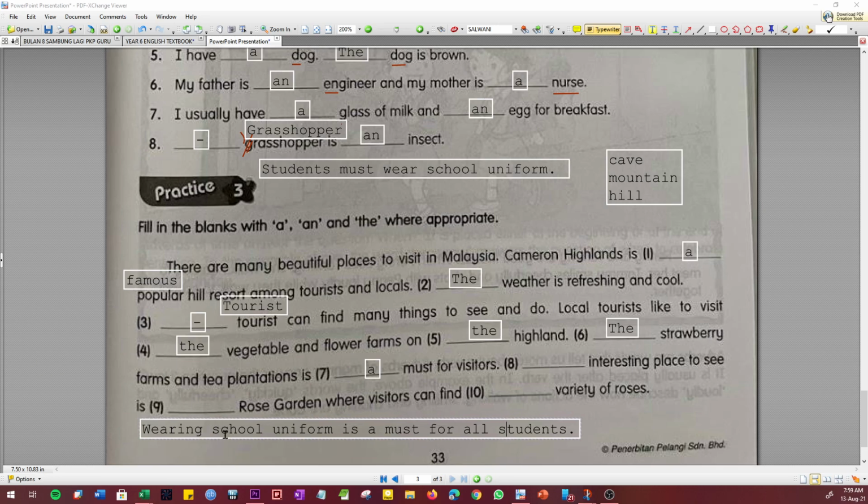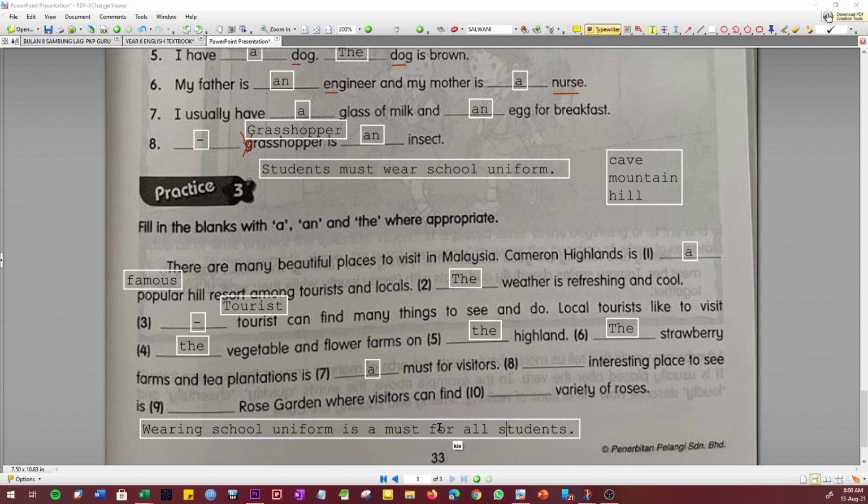Right? So, apa perbezaan dia? Apa yang kamu kena ingat adalah bila dia berhampiran dengan di hujung, di akhir ayat kita guna a must, dan juga ada perkataan for, bagi.